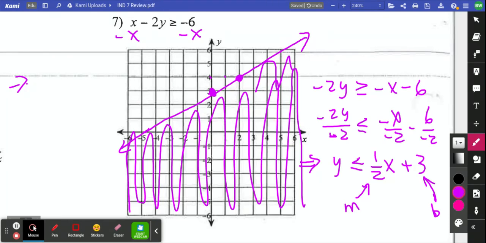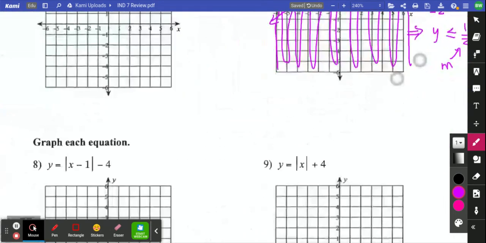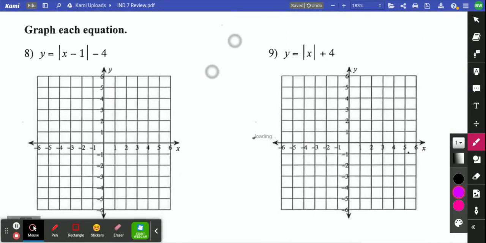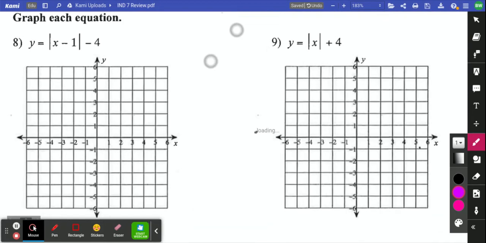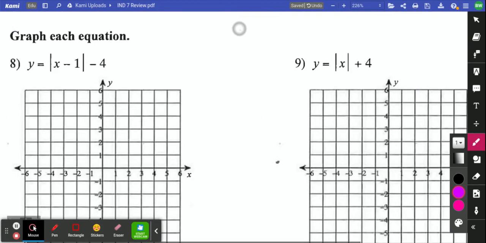Okay, now we're to the absolute value equations. You can do these a couple of ways. Mostly we focused on finding the vertex and going from there. So let's look at that first. So the vertex of this first one is, what's the x-coordinate of the vertex?